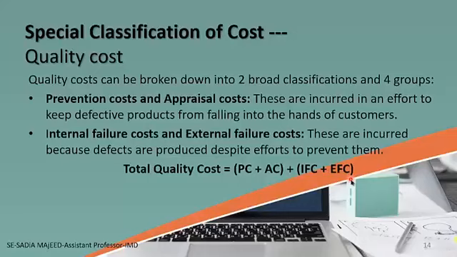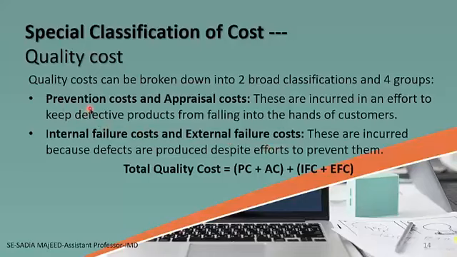But the important thing is these two groups are moving in opposite direction. If we focus on the prevention and appraisal cost, then there is very low chance of internal failure and external failure. Internal failure cost means defects identified within a facility. External failure cost means defects identified by the customer.